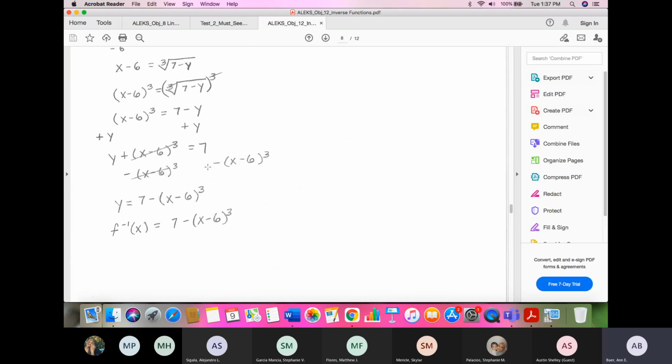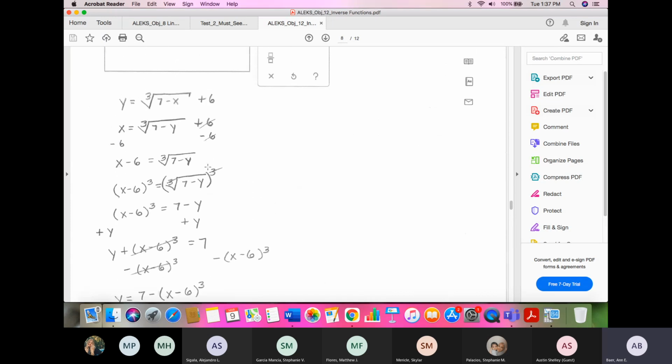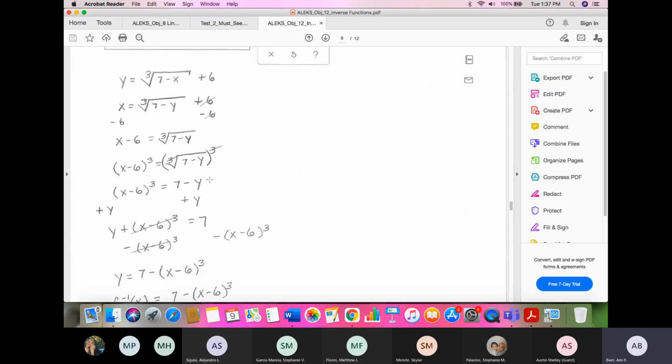And one more thing I want to point out. When you're solving for y in these problems, I wouldn't leave something a negative y here, because you're having to deal with how do you deal with that, and then you're moving over the 7 and you've got something else on this side.